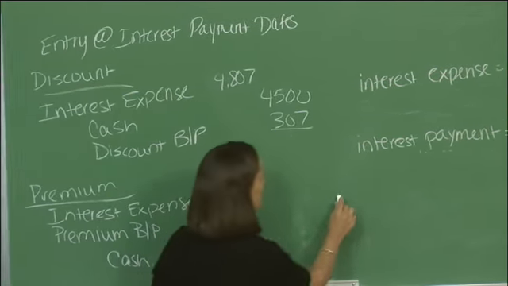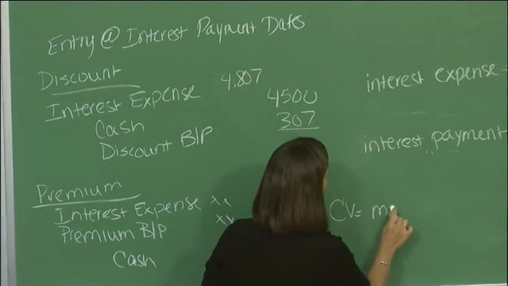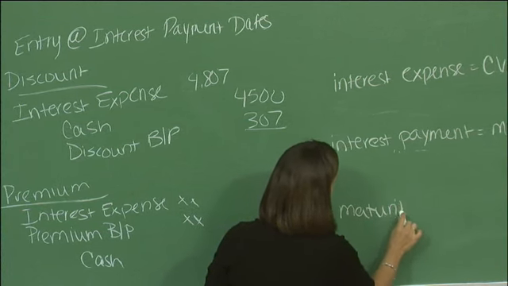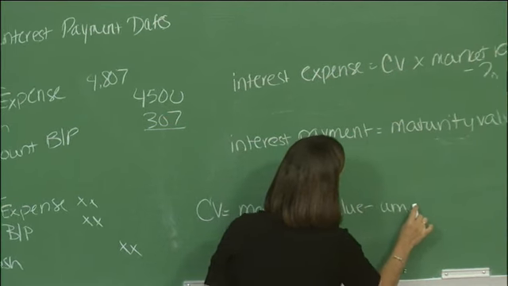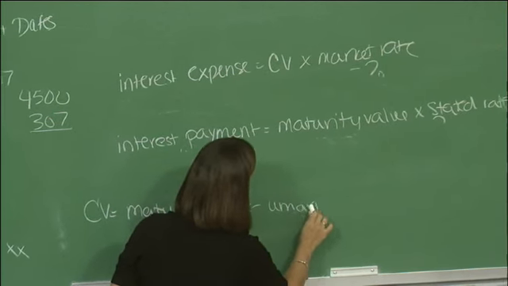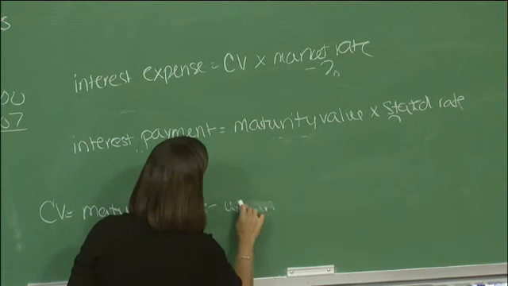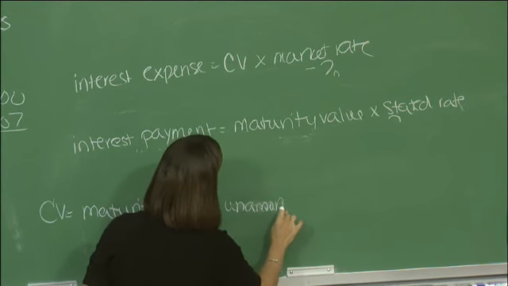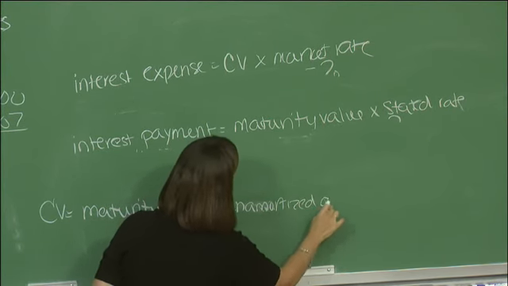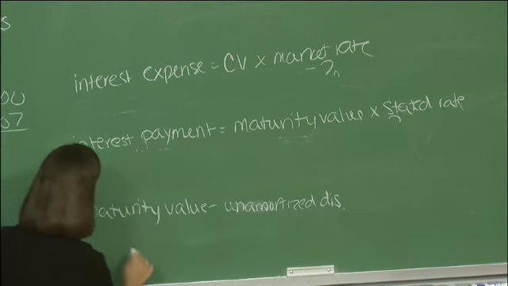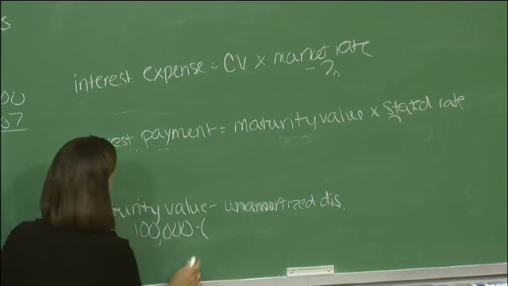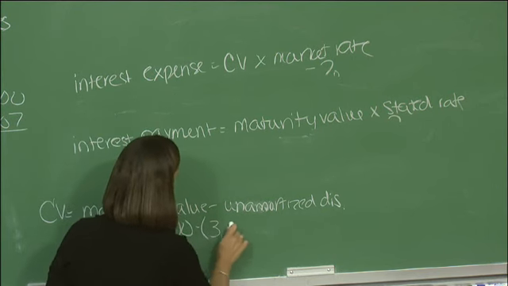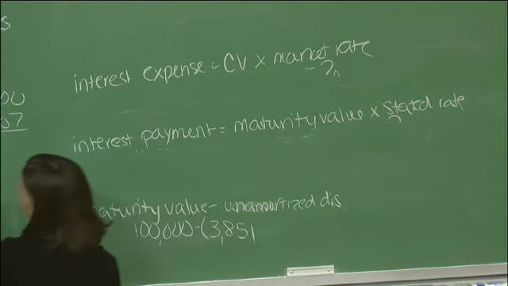So what is the new carrying value? The carrying value is your maturity value minus any unamortized discount. So your maturity value, $100,000. Okay, you started with a discount of $3,851.